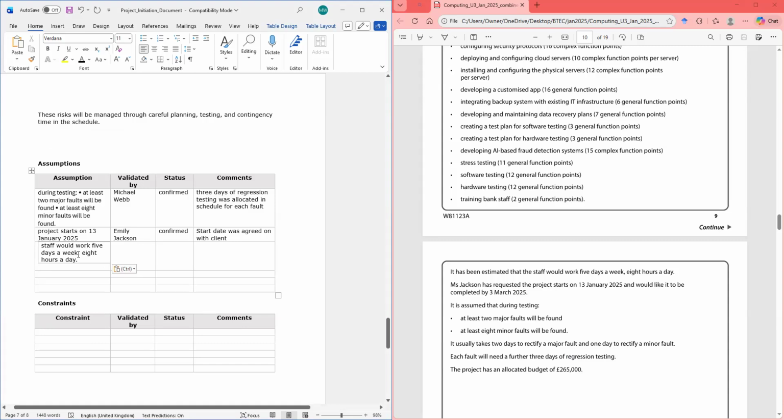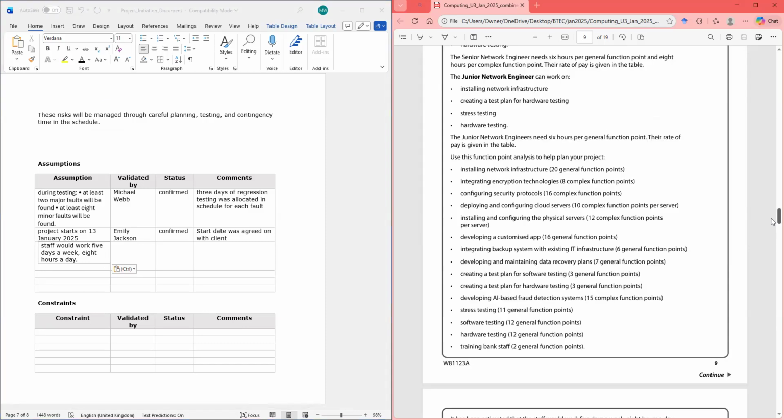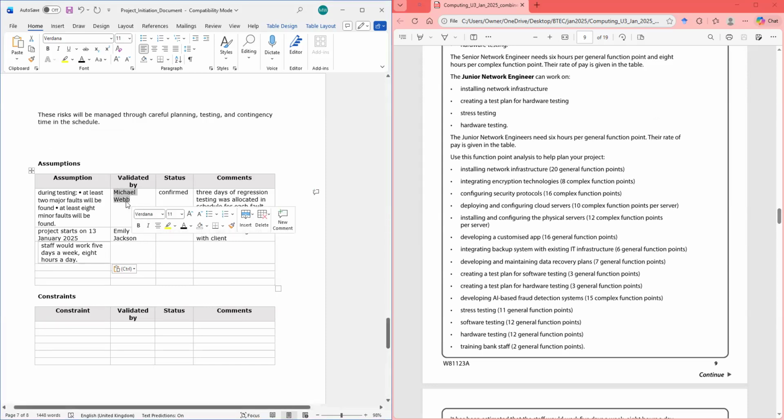Who would be coming up with this? I need the schedule. I came up with the, hold on, let's double check it. With the use of functional point analysis. Okay, so that would be me. I would come up with that. Right? I am going to confirm it.